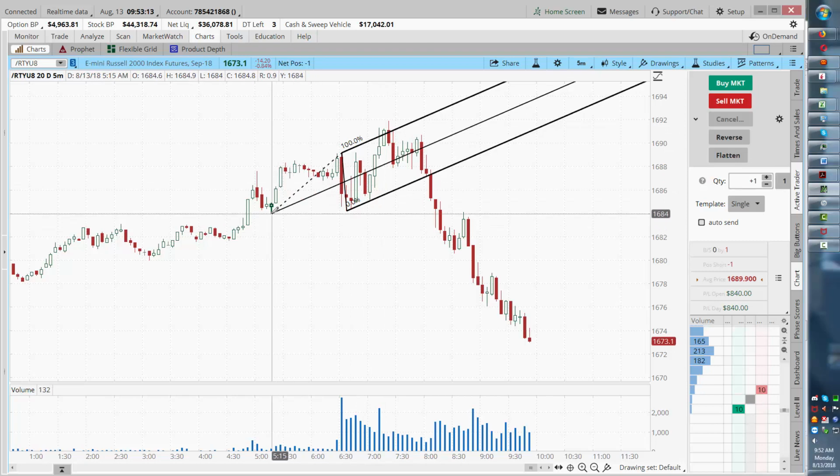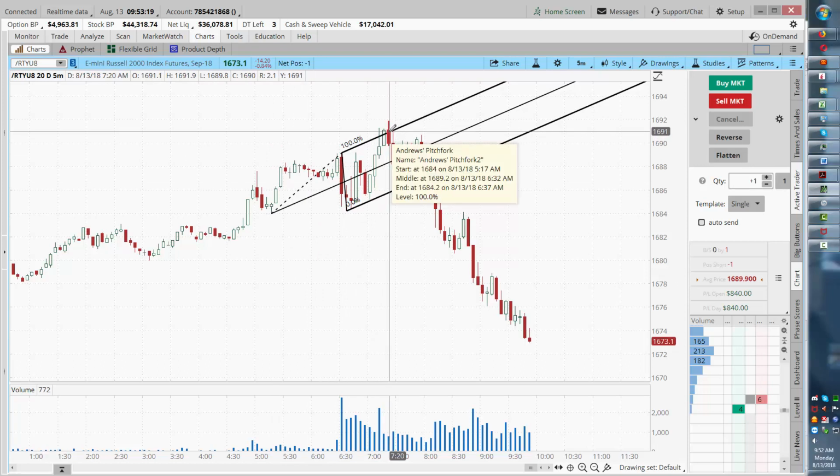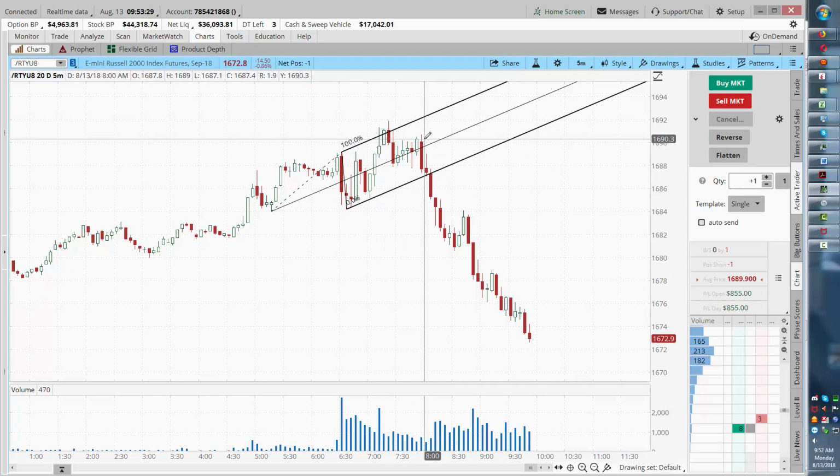So we draw our low, high, low, and we see that prices went up to here. This is a 5-minute Russell chart. I do not recommend trading the 5-minute Russell chart or trading anything else like that.